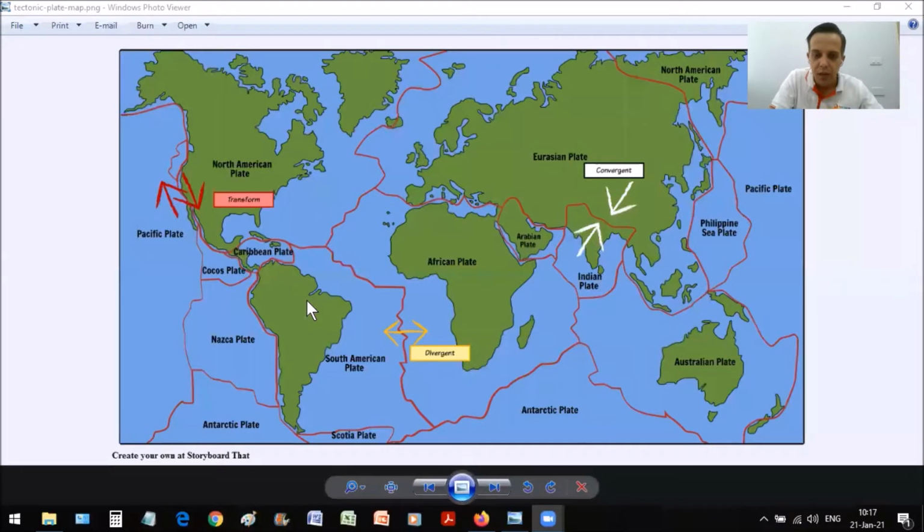But if you look at the map of the world, they look like they could be put together. If you look at South America here, and you look at Africa here, this piece would perfectly fit into here if you could move them together.